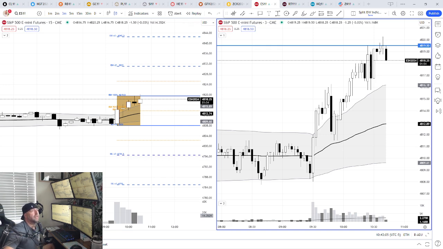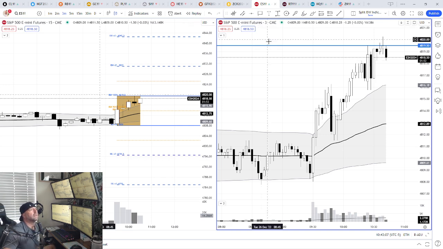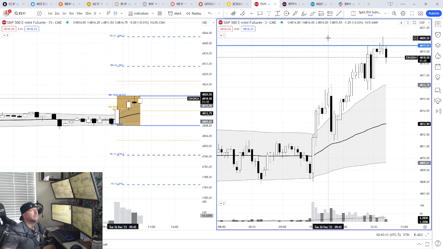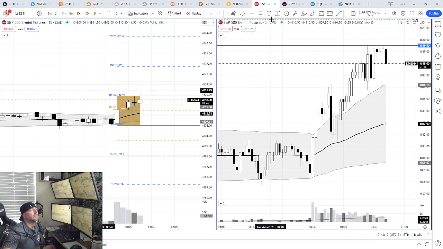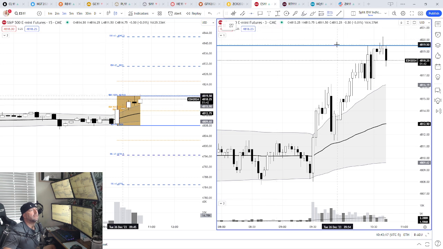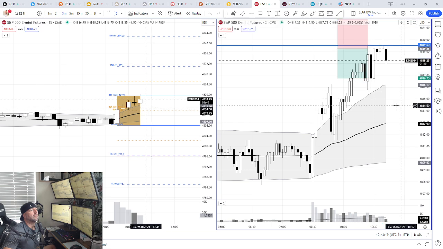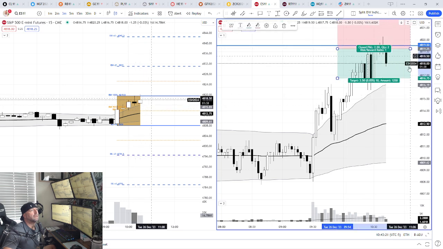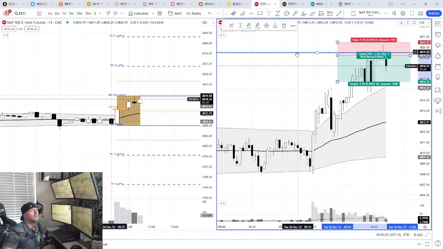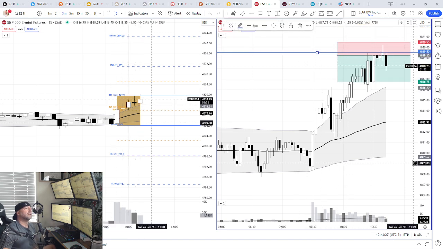Take a short here with stop above. I like that trade.